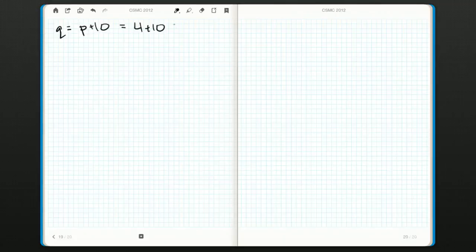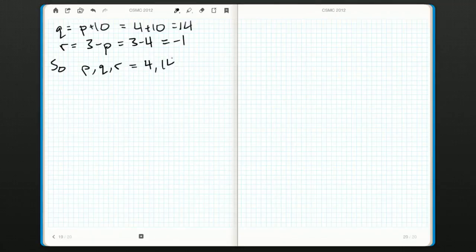So that solves for Q. And R we know is 3 minus P. So 3 minus 4 is negative 1. So P, Q, and R, that's just 4, 14, and negative 1. So that's one way to do it.